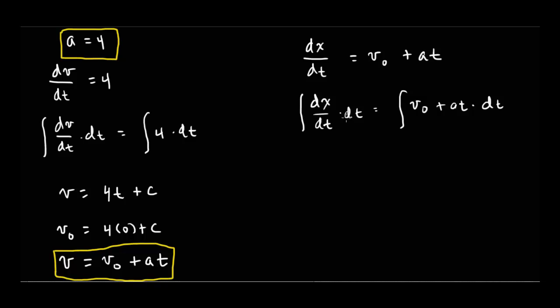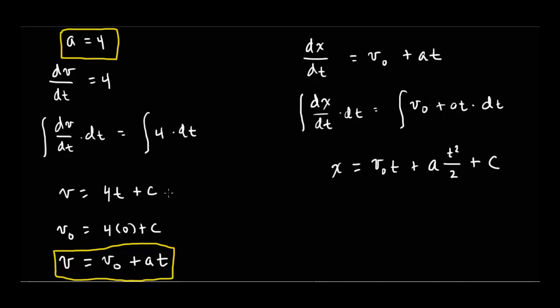And what do I get? Well, this is just x equals, what do I have over here? Well, I'm going to get v naught times t plus, what's this going to be? Well, this is going to be a times t squared over 2. And then, of course, I have to add my c in there. And once again, I ask myself, what's c?